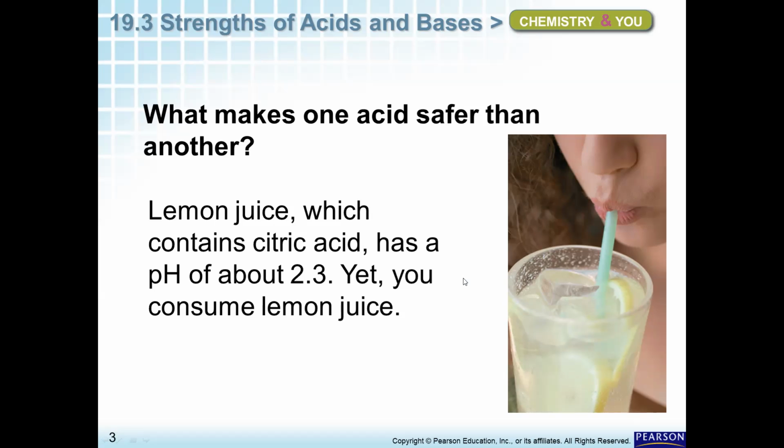While if you take a couple of drops of hydrochloric acid, that might hurt your mouth or your throat and might cause you a lot of problems. So what is the difference? Why is this safe and why is the other one not safe? That is what we are going to do today, which is look at the degree of dissociation, or how the acids are dissociated.